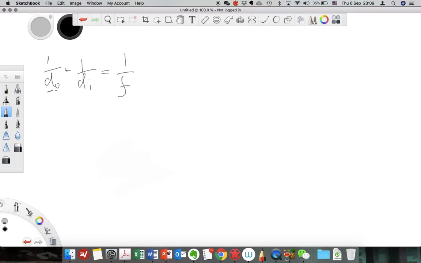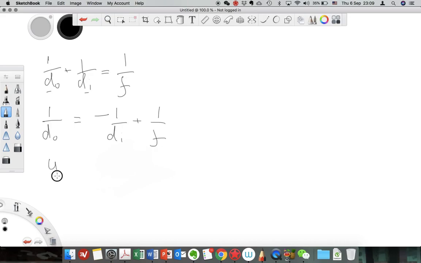And it wants object distance, it wants image distance. So we've got to put these two things on either side of the equal sign. So let's do that simply. 1 divided by dO equals minus 1 over di plus 1 over f.